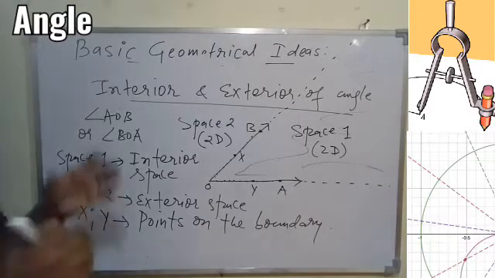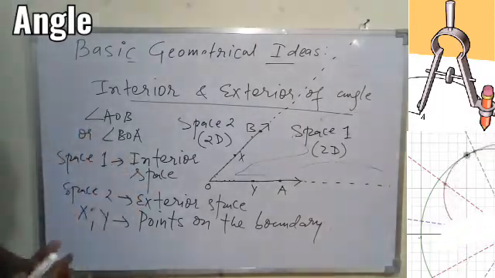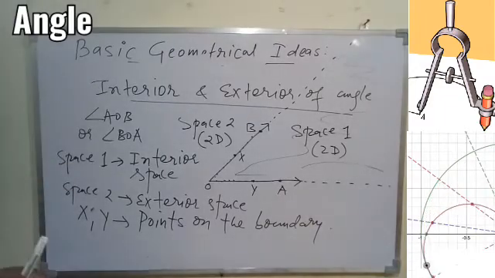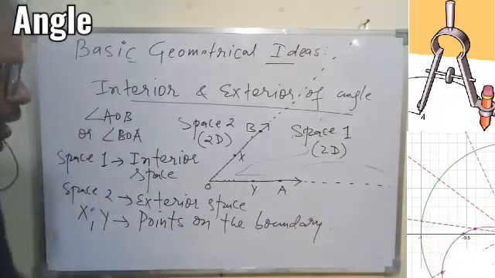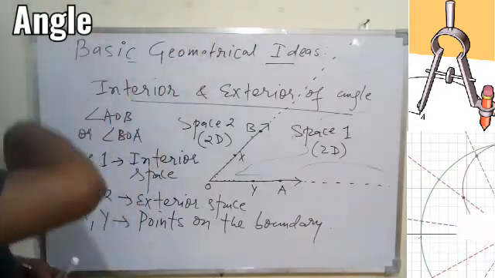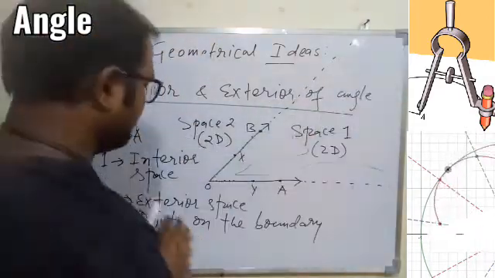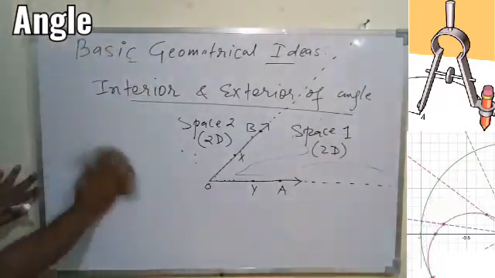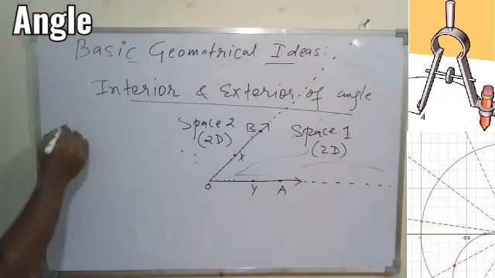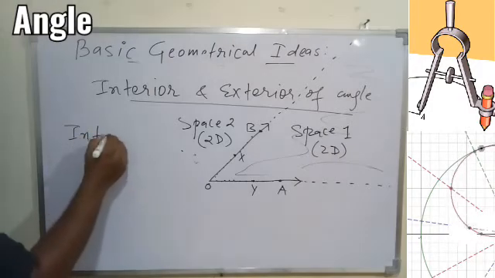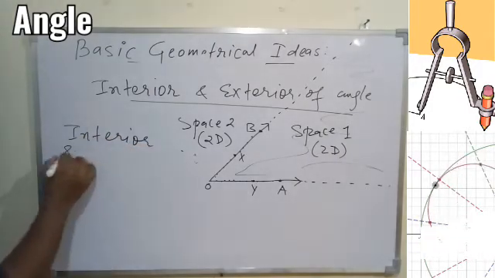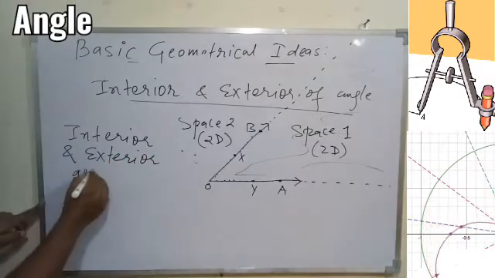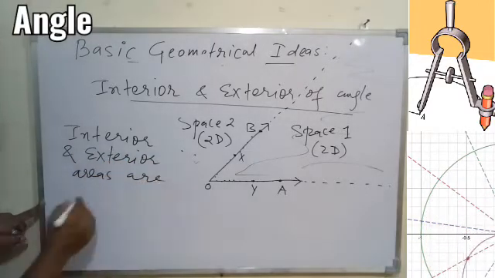So I hope you understood the meaning of space 1 and space 2. And one more thing can be written here, the space 1 and space 2 have no limitation. Okay, even this side we can have infinite area, even within this we can have infinite area. So one more thing can be written here, that is interior and exterior areas are limitless.